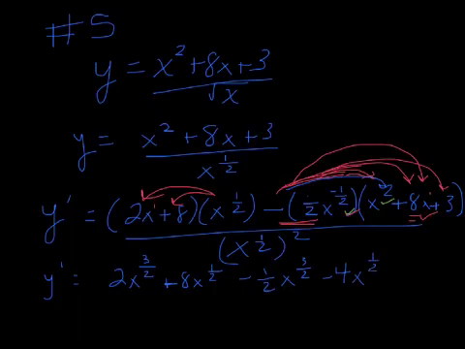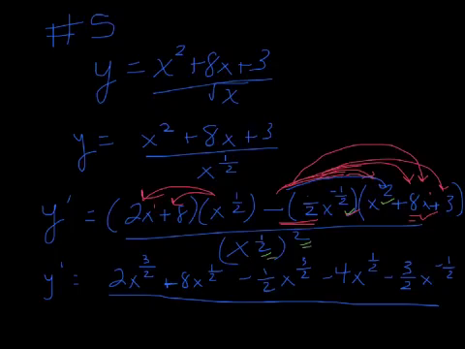And then I have 1/2 times this whole number 3. So that gives me minus 3/2 x to the negative 1/2 power. That's my numerator. On the denominator, when you are taking a power to a power, you multiply exponents. 1/2 times 2 gives you 1. So that's just x to the first. So we just have an x on the bottom.